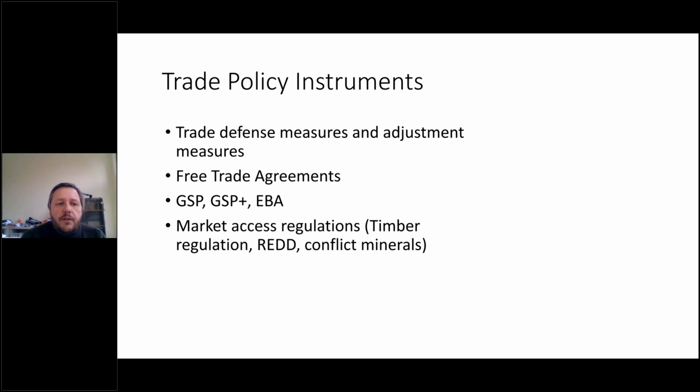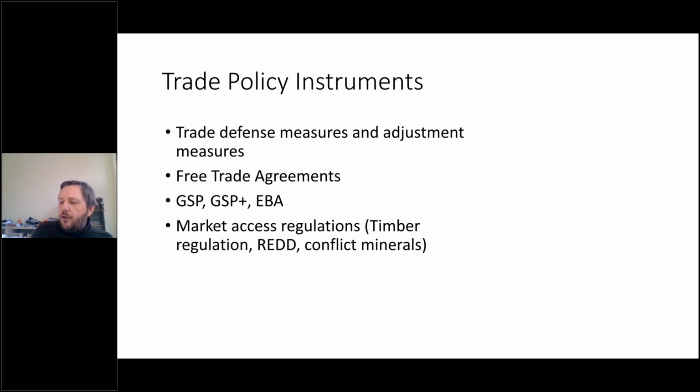The EU, like quite a few other countries, has such a system in place, which tries to promote economic development in these countries, but does that on a certain conditional basis. And then you have quite a few regulatory tools. We call them market access regulations, which the EU can use to influence trade flows going in and out of the EU.